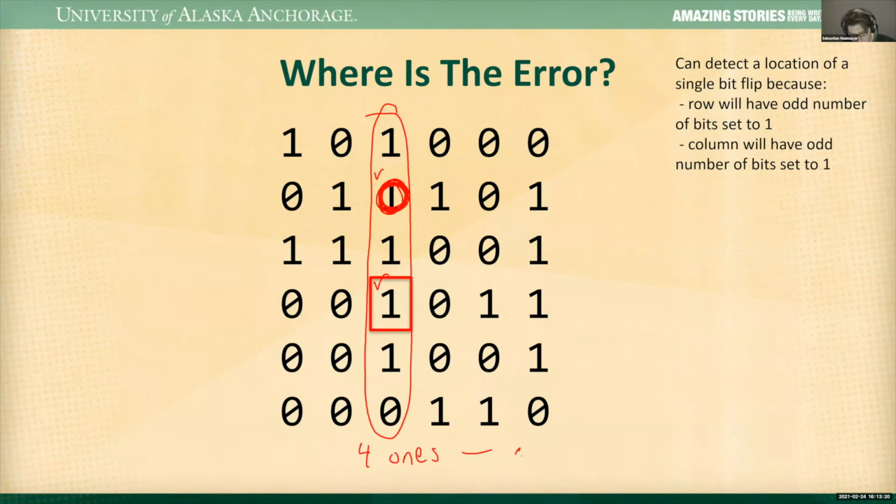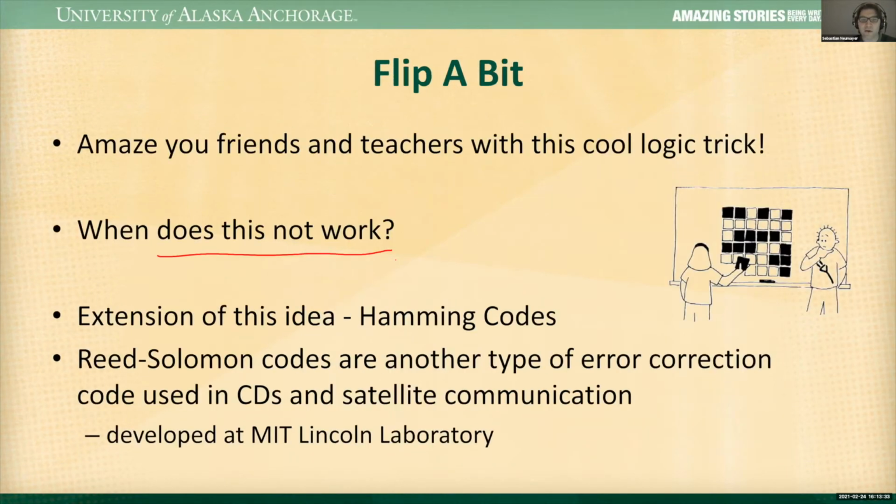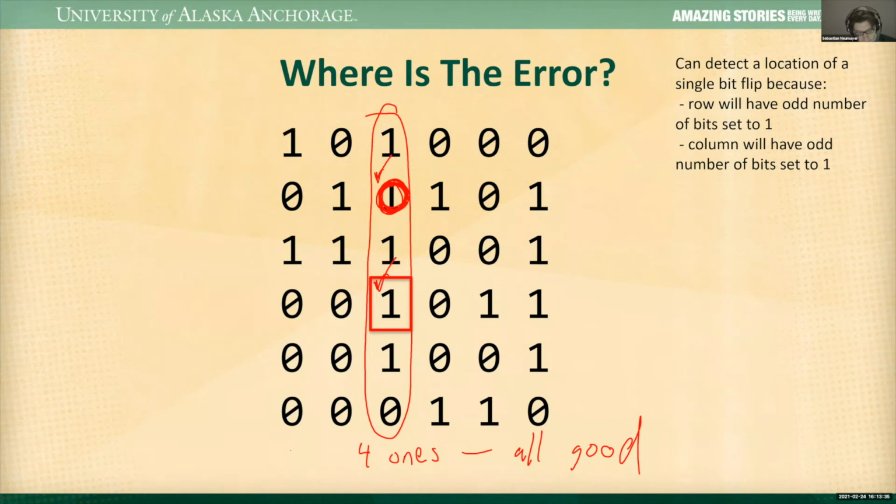And so we think that it's all good, but it's actually not all good. It's very far from it because we had 2 errors. And because we had 2 errors, we did not detect anything wrong.